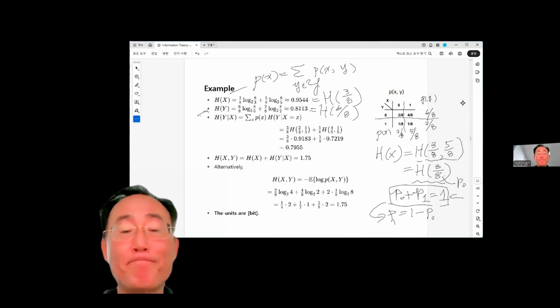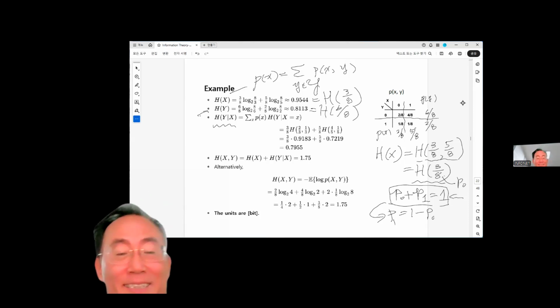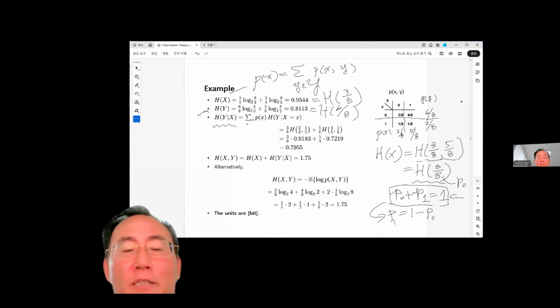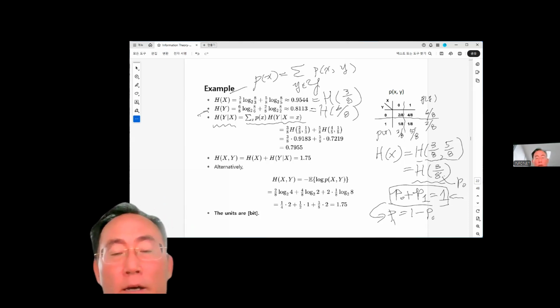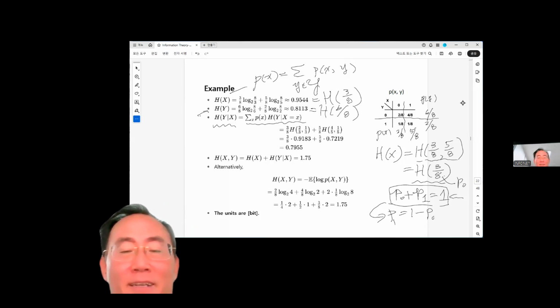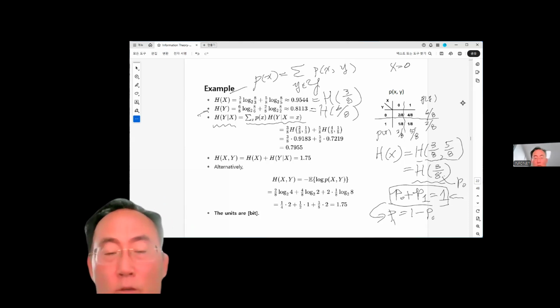And what about this one, entropy of Y given X? I will make use of the formula that we derived on the previous page. In this case, I need a distribution for x equal to small x. So let's say x is equal to 0. What is the P(Y|X=0)?